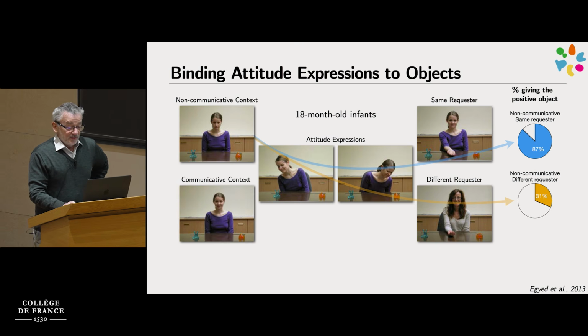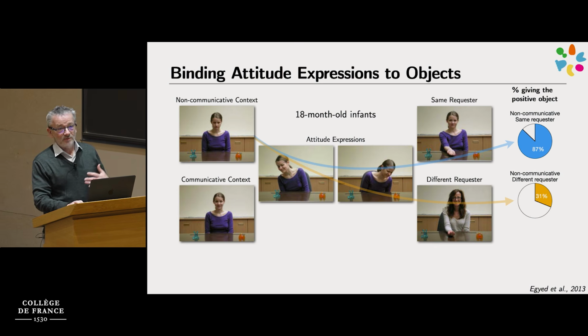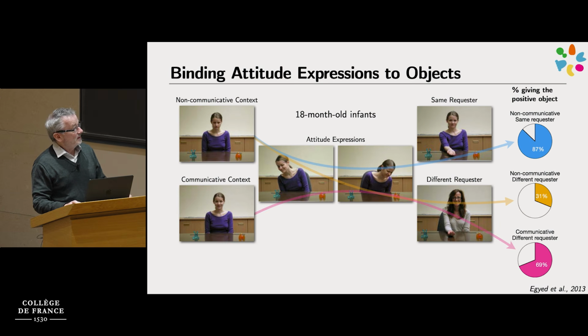But the situation is completely different when you start the whole thing with a communicative context. In this case, they don't just observe someone expressing positive or negative attitudes about the objects, but they observe someone communicating to them about their attitudes towards one of the objects. Even if you bring a different person to request the objects, they tend to give her the same object.